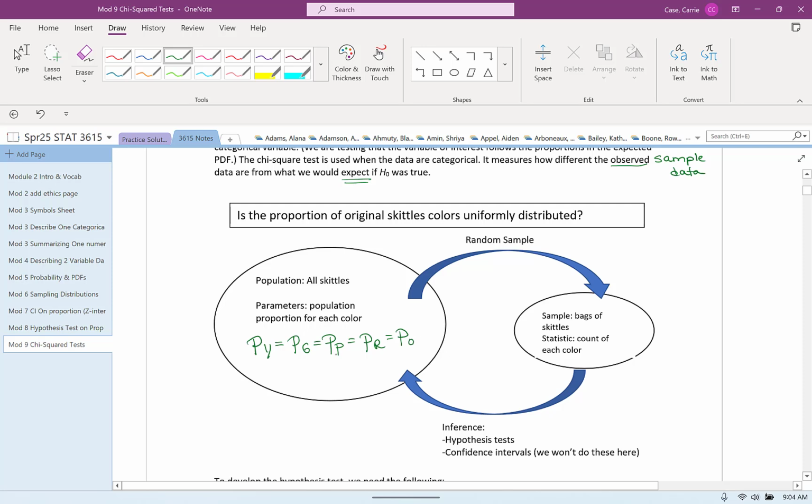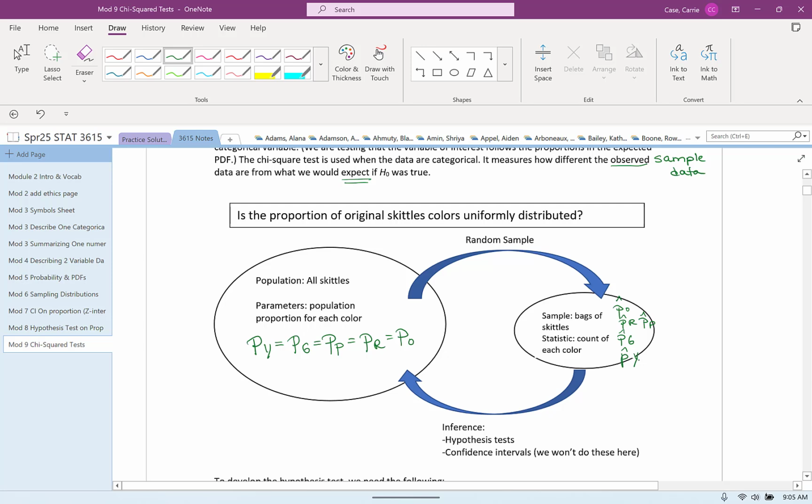So we're looking to see if all of the proportions of each of the 5 colors are equal to each other. And so we actually have to get p hat of orange, p hat of red, p hat of purple, p hat of green, and p hat of yellow for all of the samples.